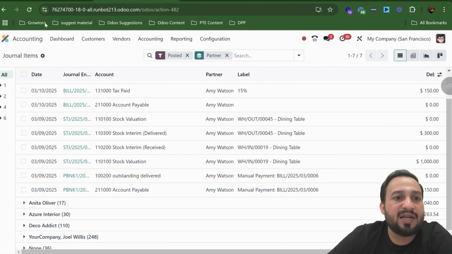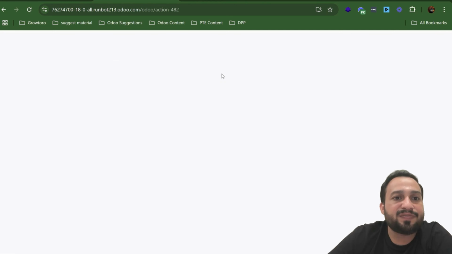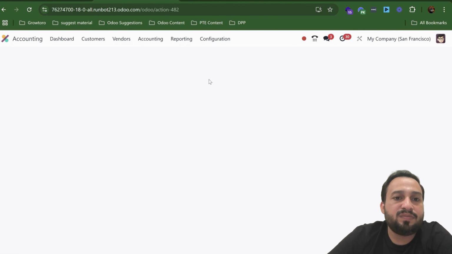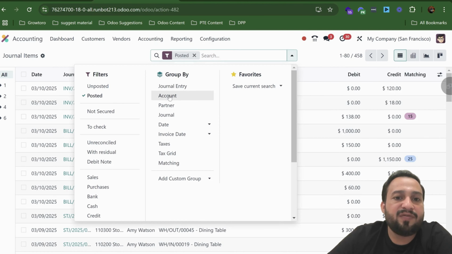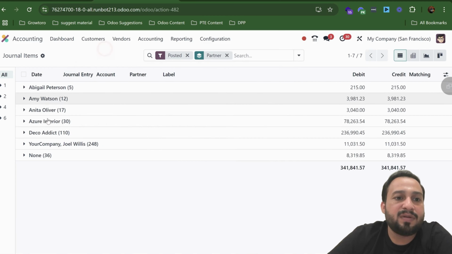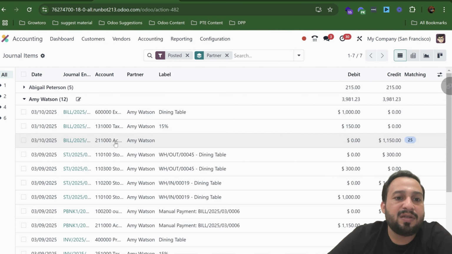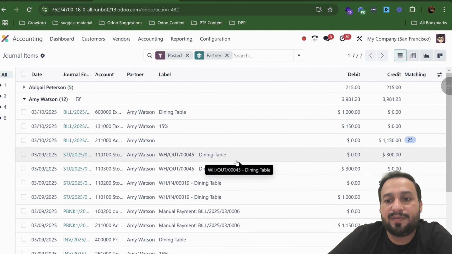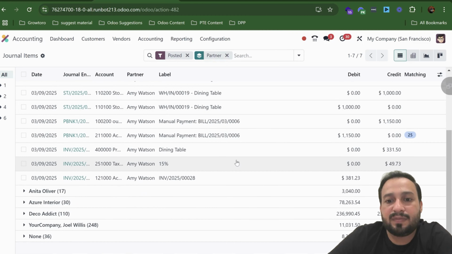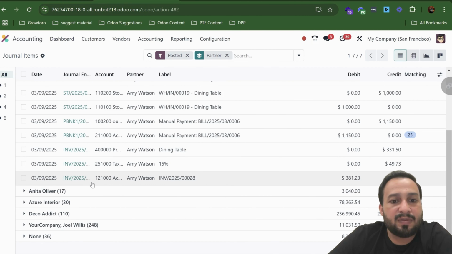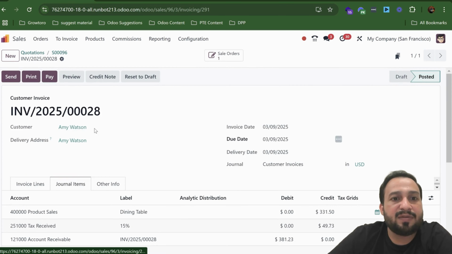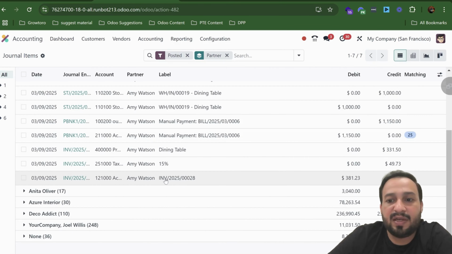If I go into the journal items and I refresh this and I search again for the partner Amy Watson, this is invoice 28 and this is invoice 28.